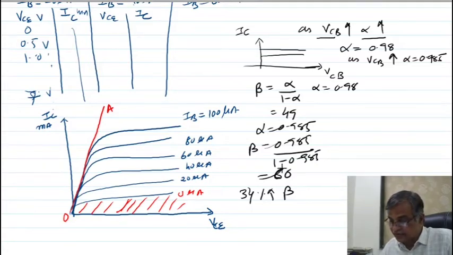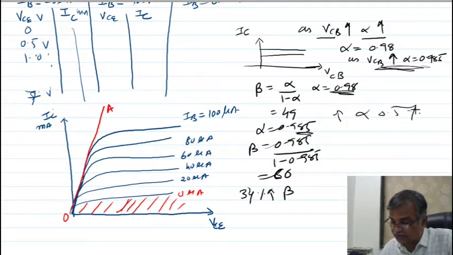So this shows that there is only a 0.5% increase in alpha, from here to here, but beta increases by 34%. As a result, you are getting a slope.